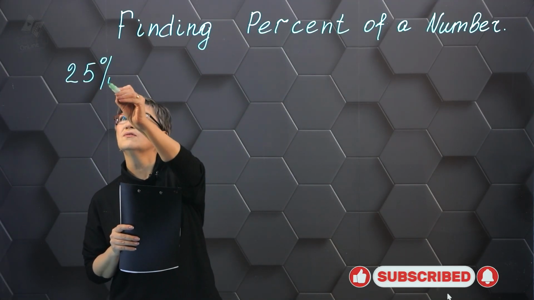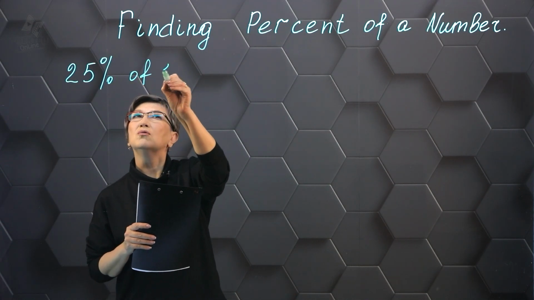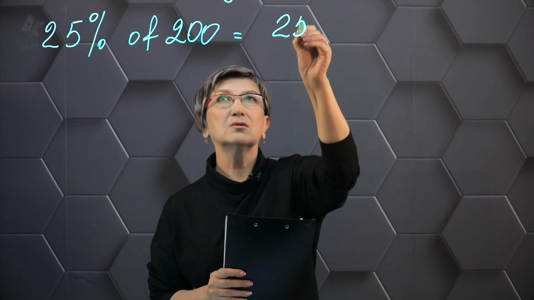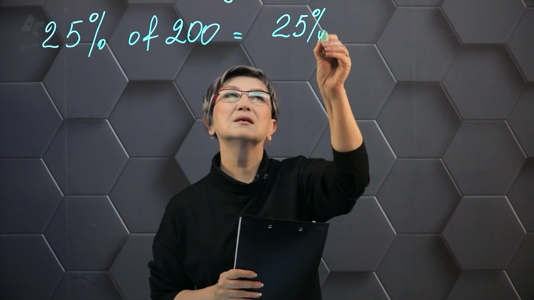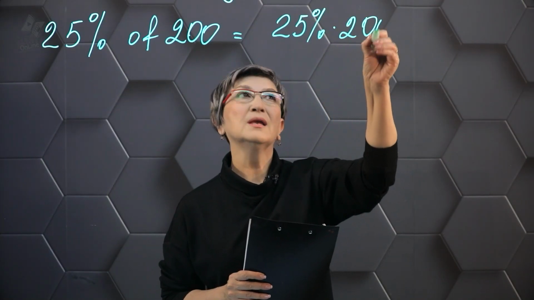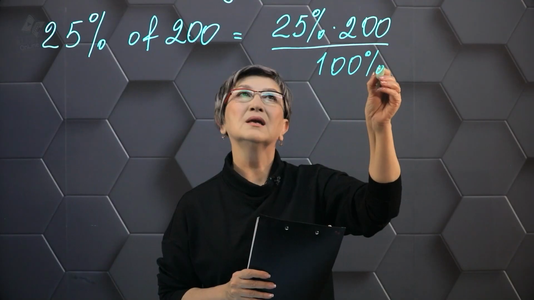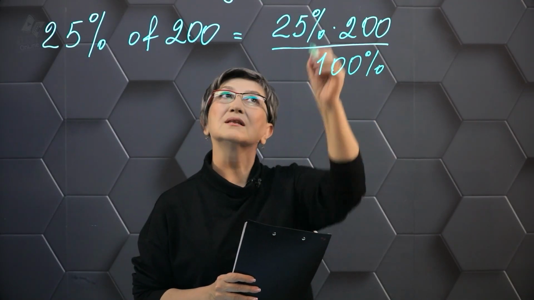We need to find 25% of 200. What do we need to do? We need to multiply 25% by 200. 25% I multiply by 200 and divide by 100%. We can shorten the percent sign itself.